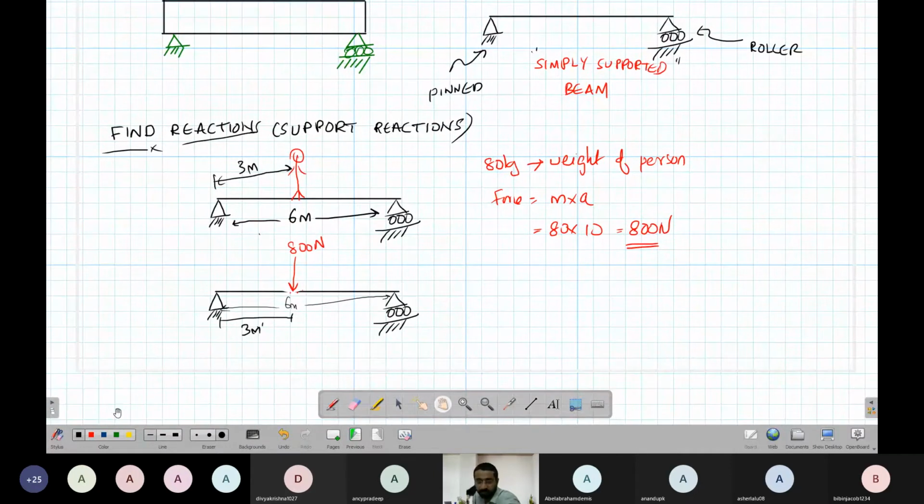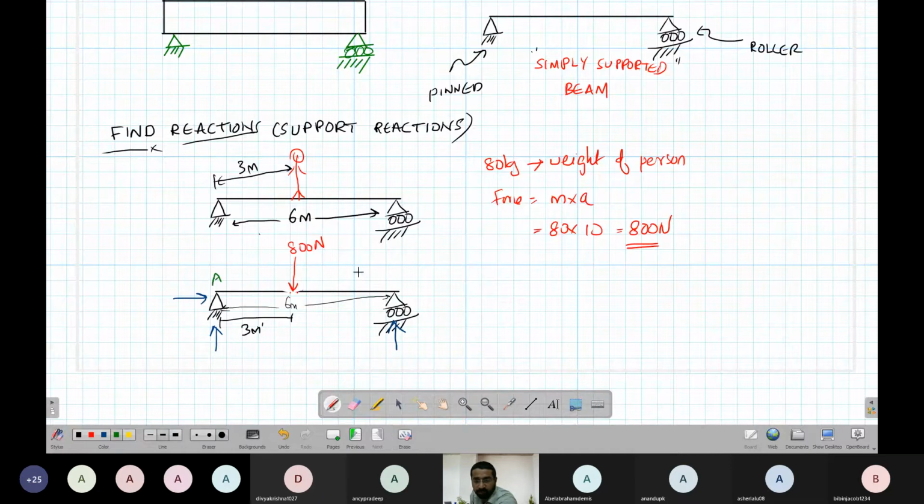The pinned support can give two reactions: a vertical reaction and a horizontal reaction. A roller can give only one reaction. In this system, because of the supports, there is a possibility of two forces from the pin support and one force from the roller support. Now, what are these values? Let's give them some names.